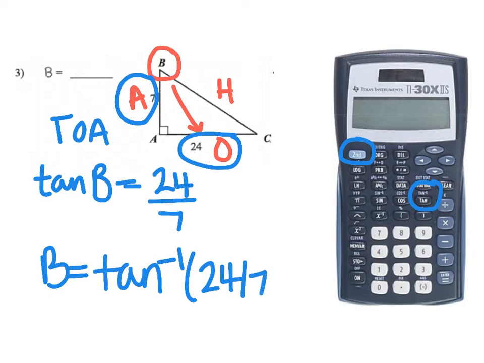So second tangent, 24 divided by 7 equals, you should get 73.73979529. So we're going to round to 1 decimal place, round to whatever I tell you to at the time. So in this case, 73.7. The 3 means the 7 stays a 7.